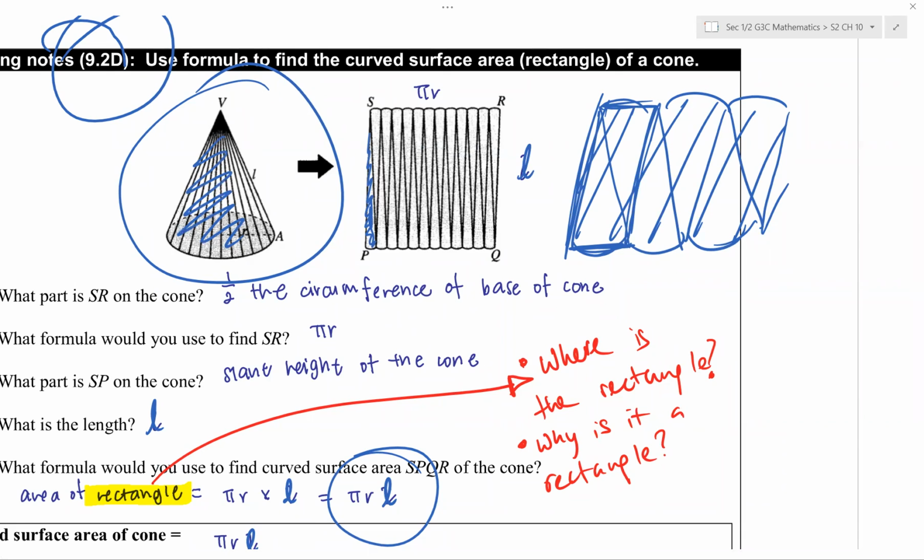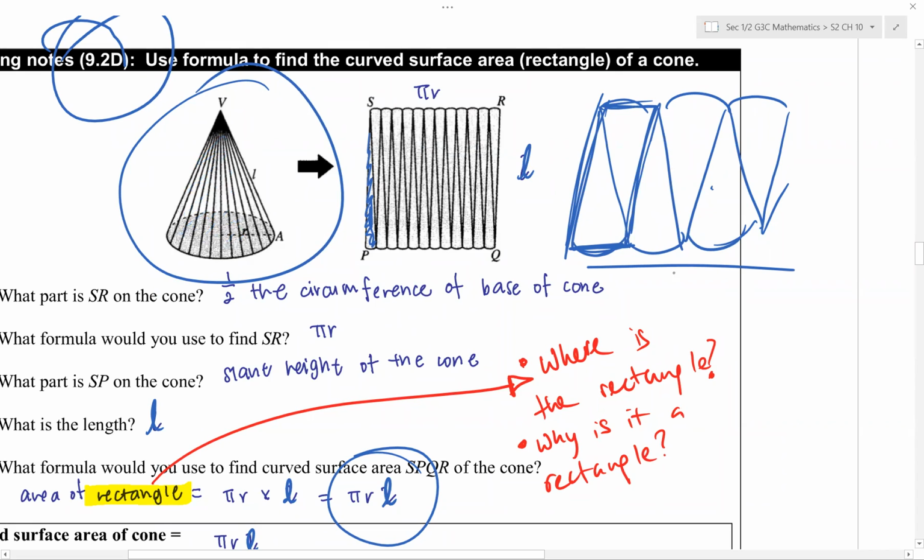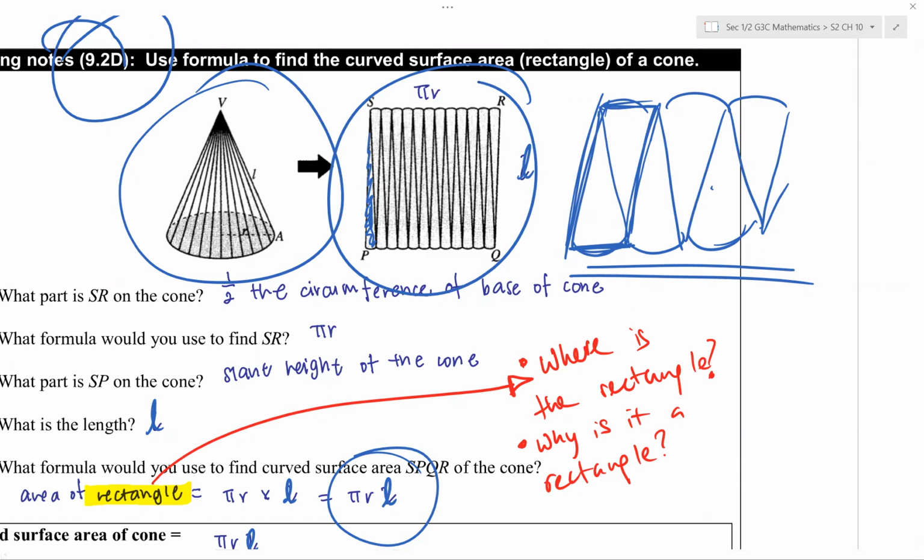Now, how do we make my diagram a more accurate representation of the curved surface area of the cone? This is a very bad representation. This is a little better. What is printed in the notes is a little more accurate compared to what I did with just 1, 2, 3, 4, 5, 6 strips. So how is the notes better? They had more strips.